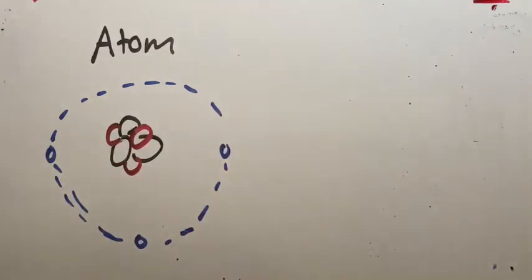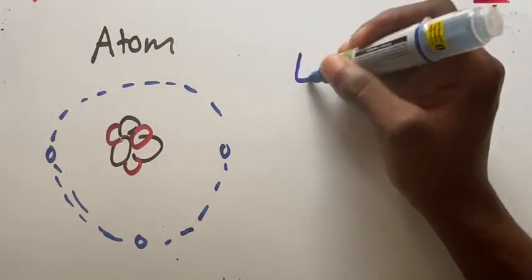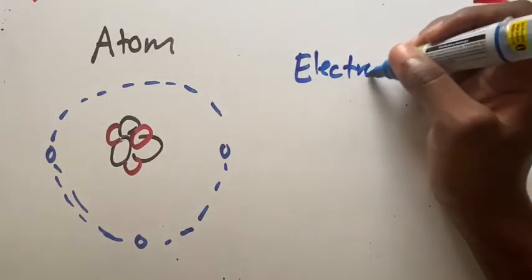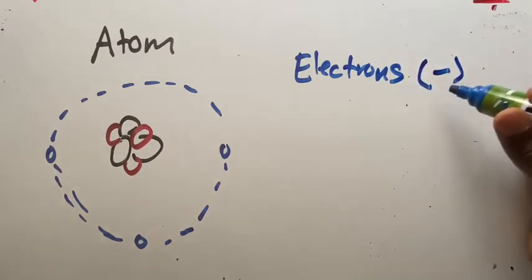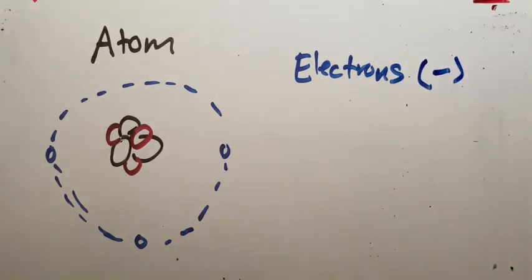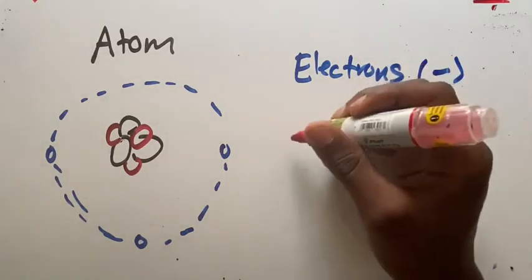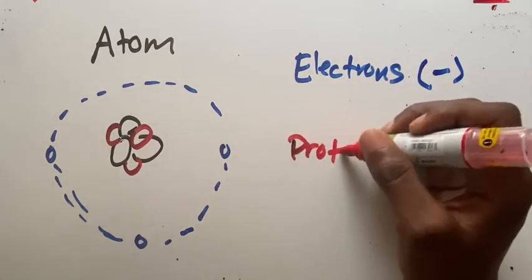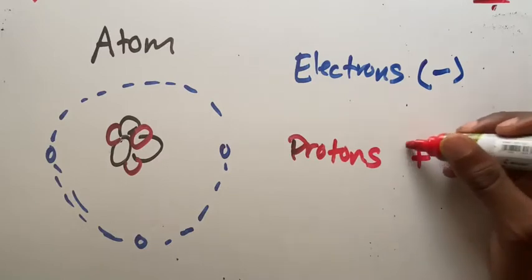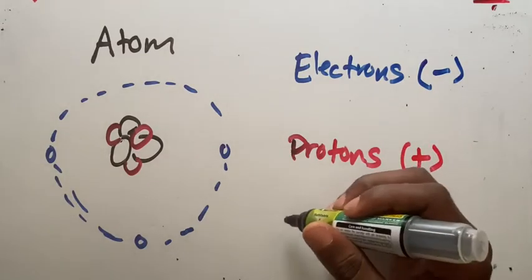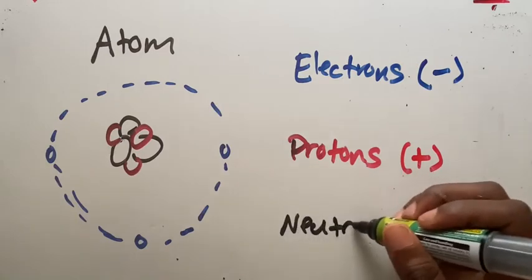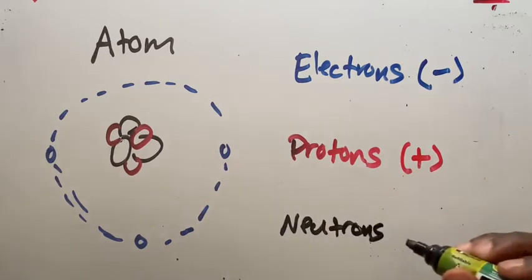So atoms are made up of electrons, which are negatively charged, also made up of protons, which are positively charged, then also made up of neutrons, which, as you can guess, are neutral.